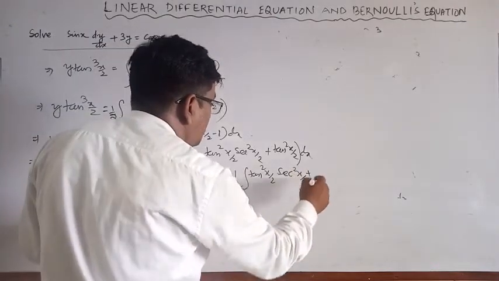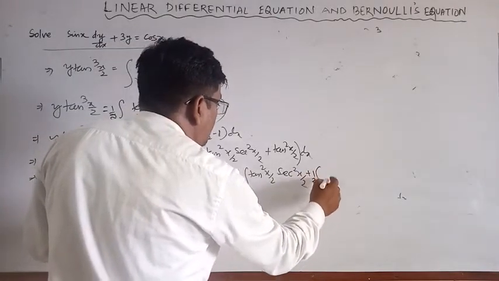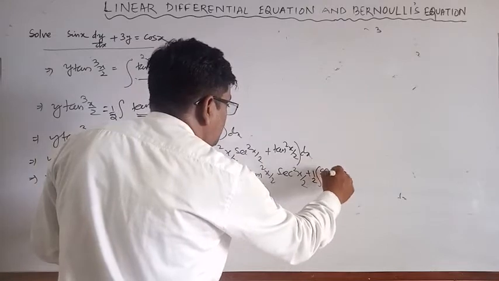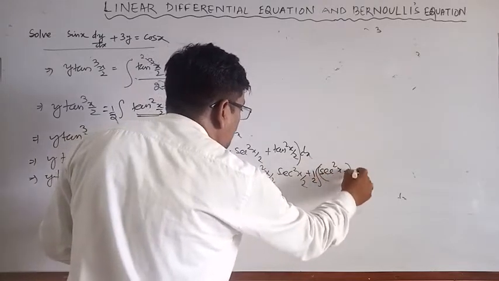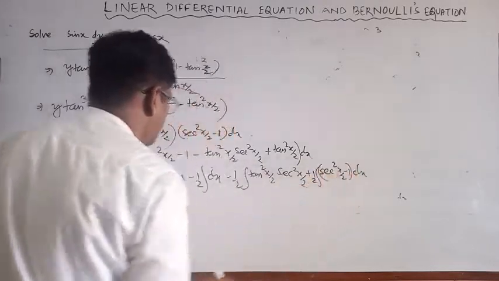So this is equal to integration 1 by 2, and tan square x by 2 is sec square x by 2 minus 1.